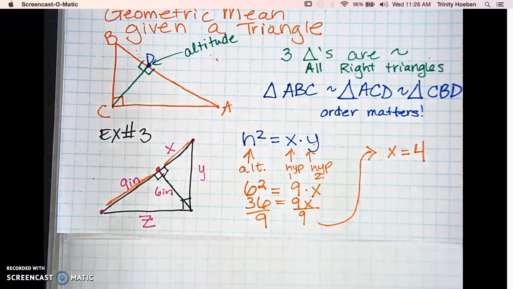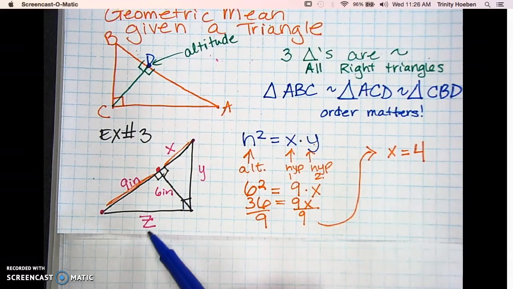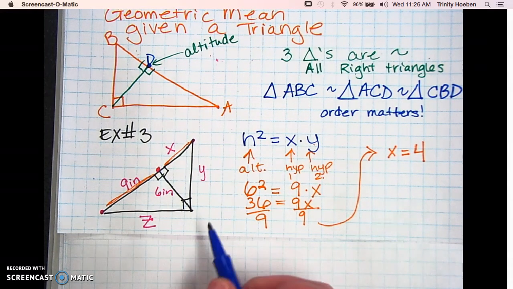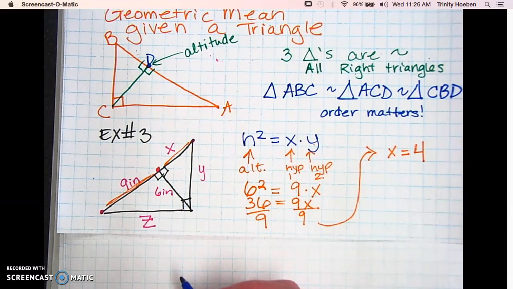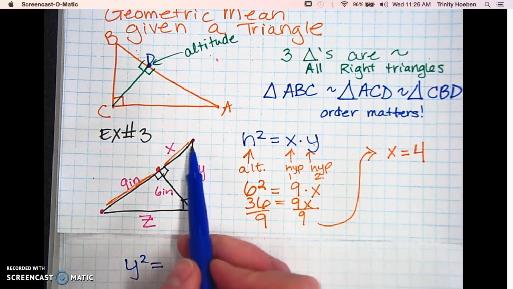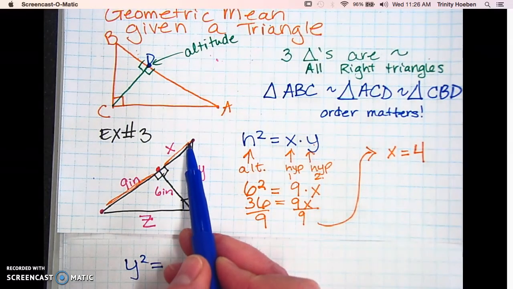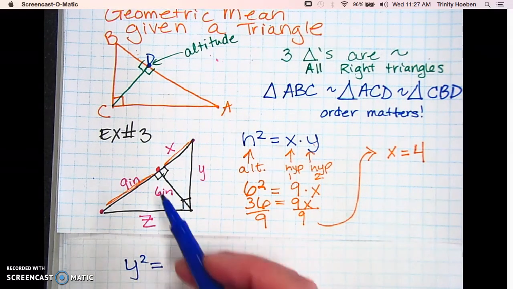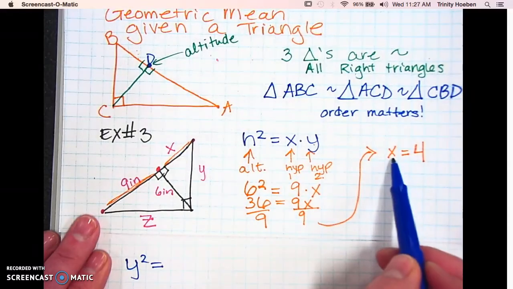Okay, so we've got the x. Now we need to get the y, because we've got a y side over here and a z side over here. That corollary says that this side, y squared, is going to be equal to the piece that's closest to it times the length of the whole thing. Well, we just figured out what x is.